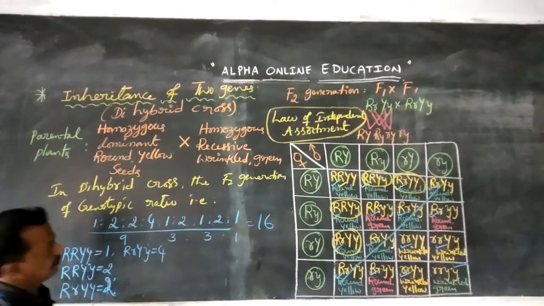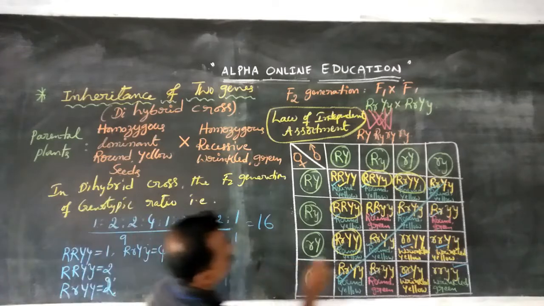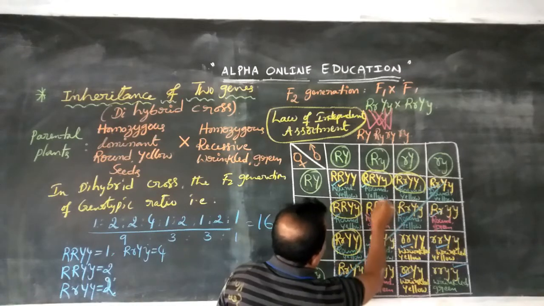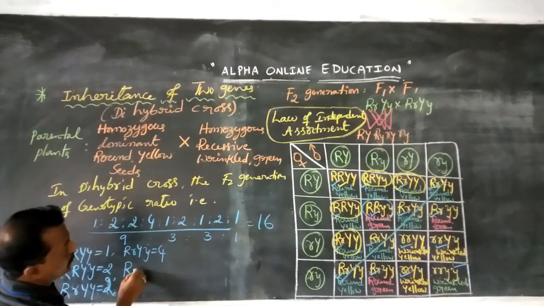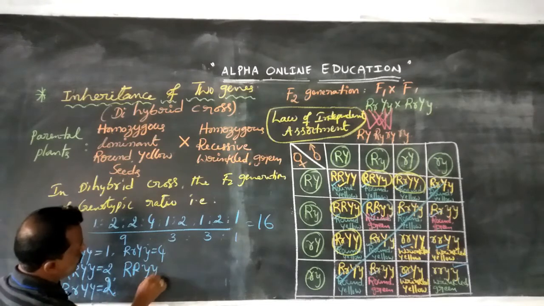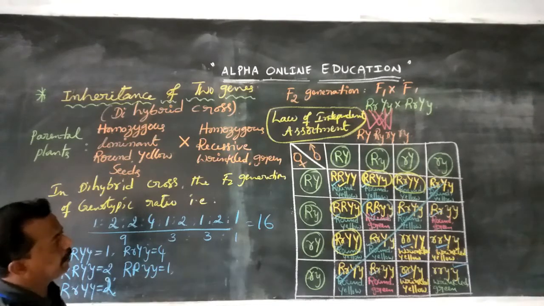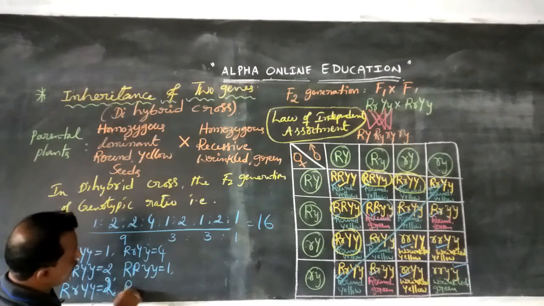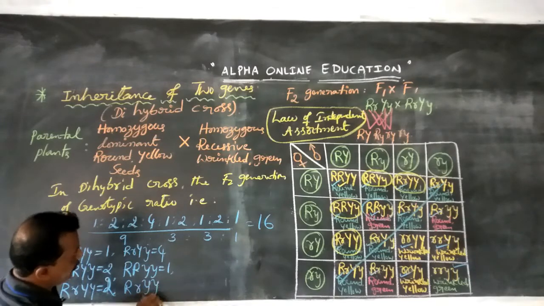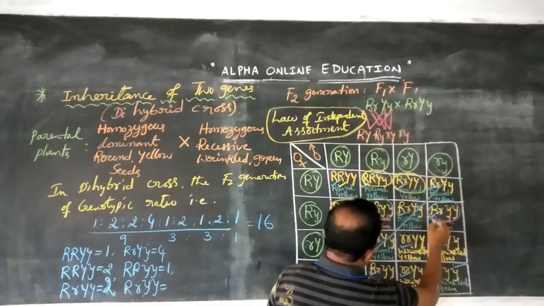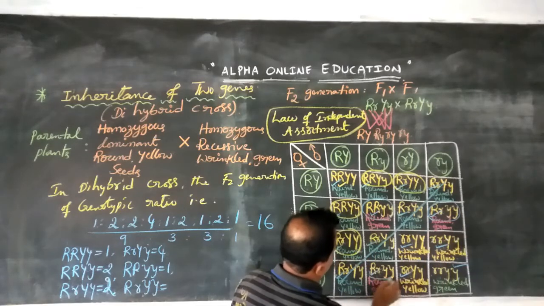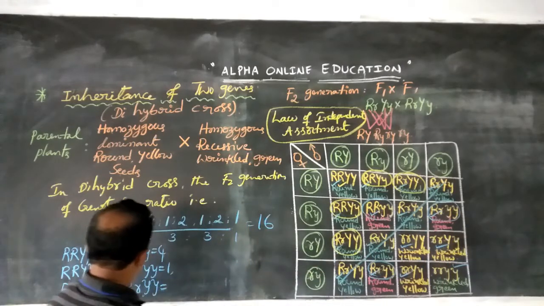Next coming to capital R capital R small y small y. How many? Only 1. Next one, capital R small r small y small y. This one and also this one. So 2.